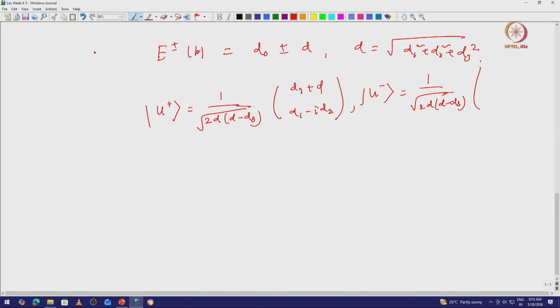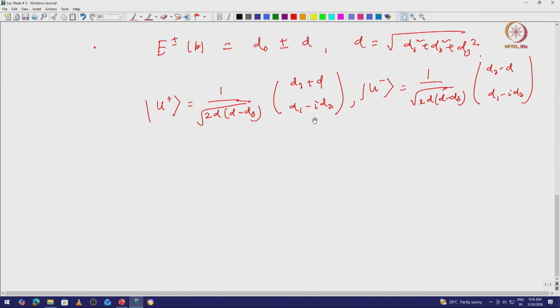Different books and notes will sometimes choose different overall gauges to write these things in a slightly different way. But essentially all of them will give the gauge invariant quantities to be the same. And so, let me give you one more interpretation.